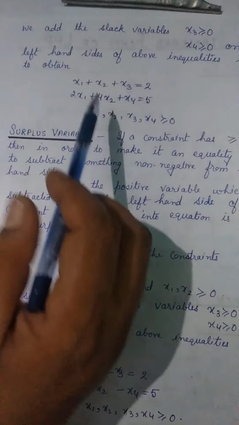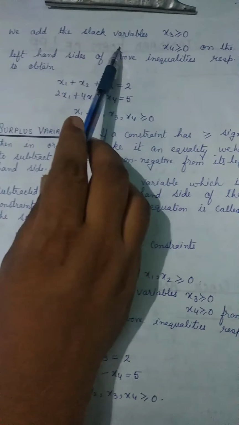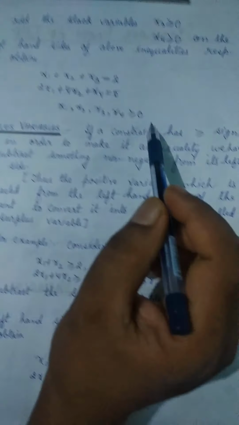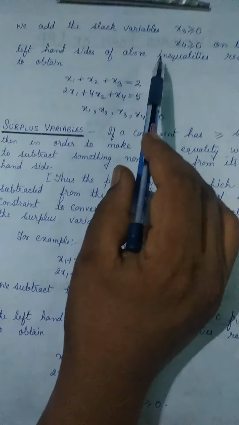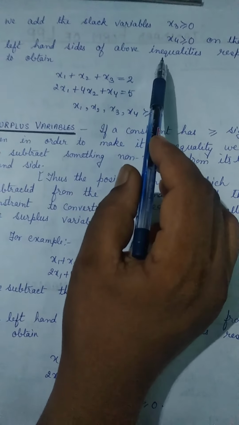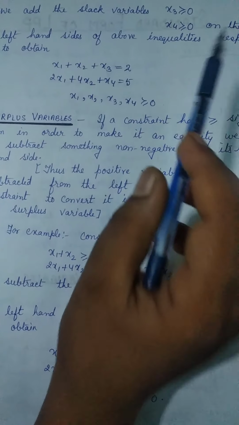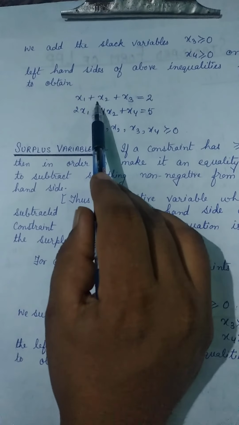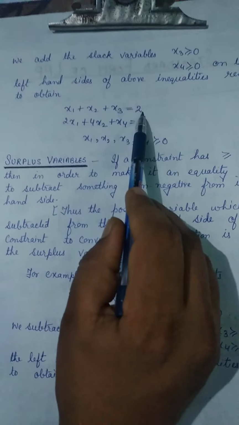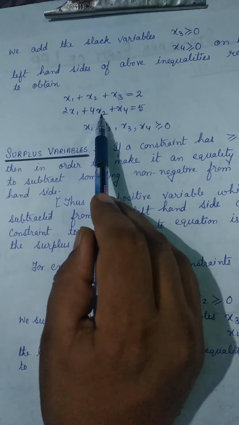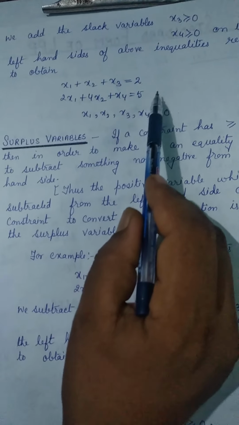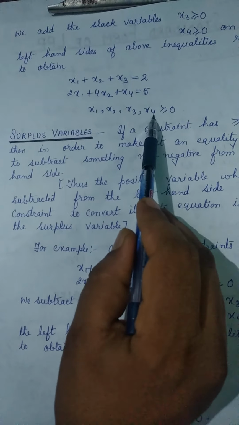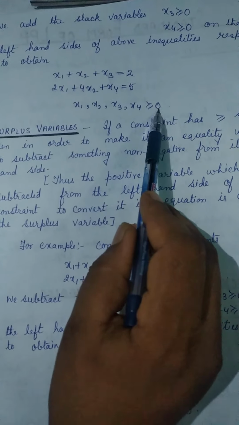Now, to remove the inequality sign, we add the slack variables x3 and x4, which are greater than or equal to 0, on the left hand side of the inequalities, and we obtain the equations x1 + x2 + x3 = 2, 2x1 + 4x2 + x4 = 5, where x1, x2, x3, x4 are all greater than or equal to 0.